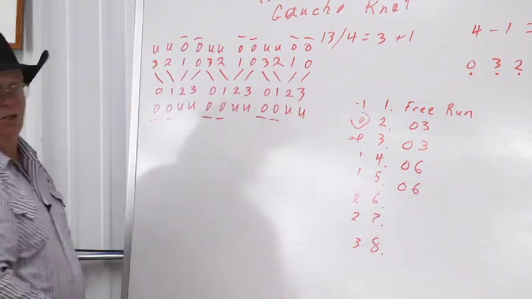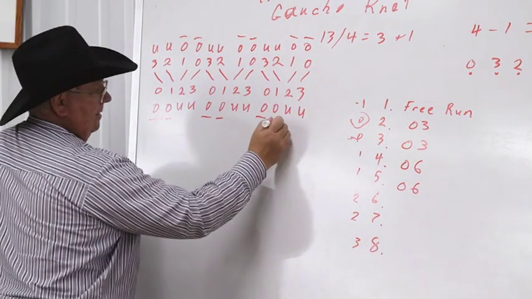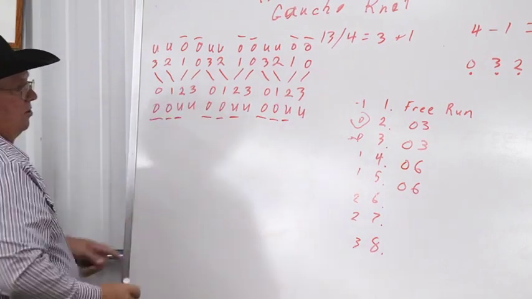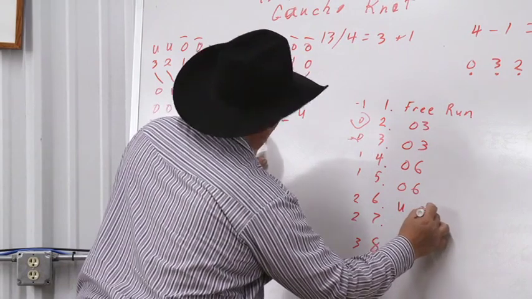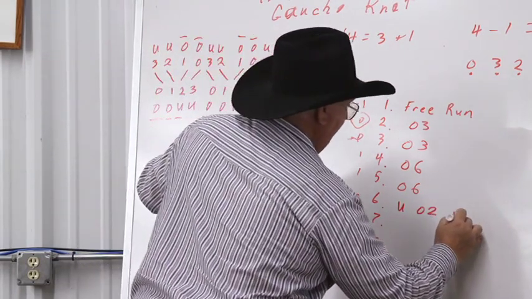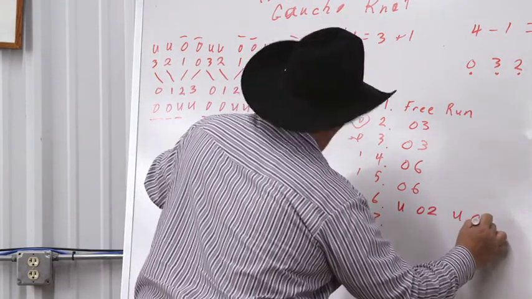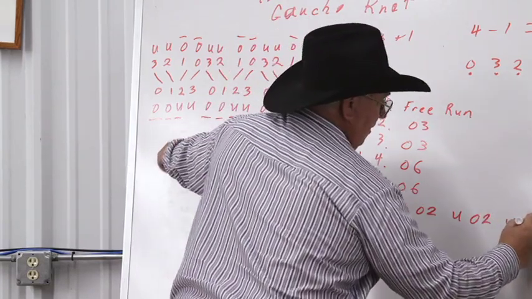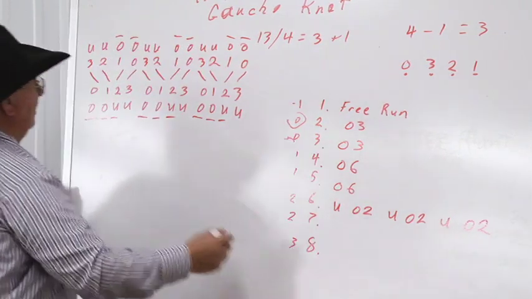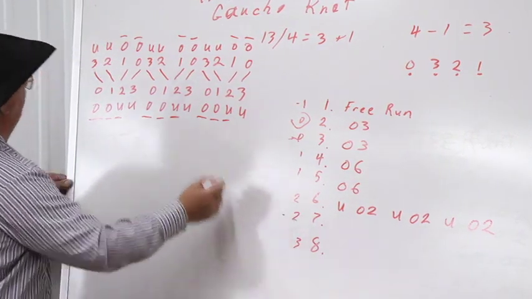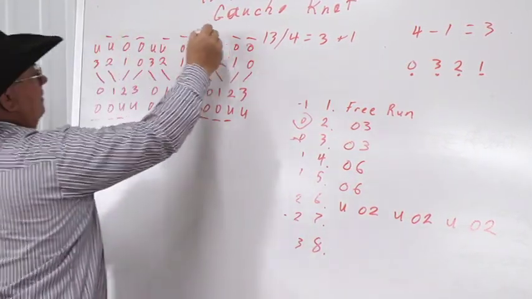Now we're looking for our 2. So it's there. So now we've got under, over 2, under, over 2, under, over 2. Now we're looking for our 2. There.